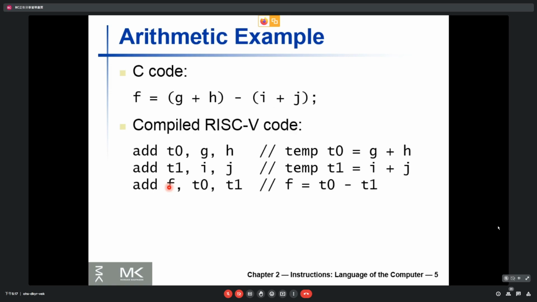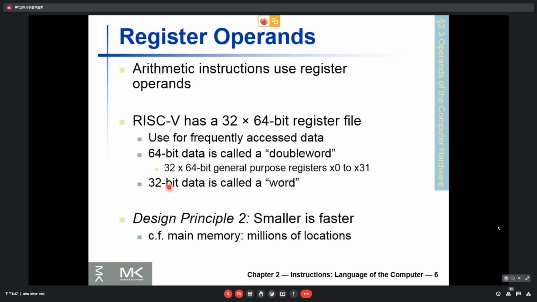这个怎么会犯这种错误啊？这个投影片是这个书商做的哈，所以很烂，没有好好检查。All right, so register operands.